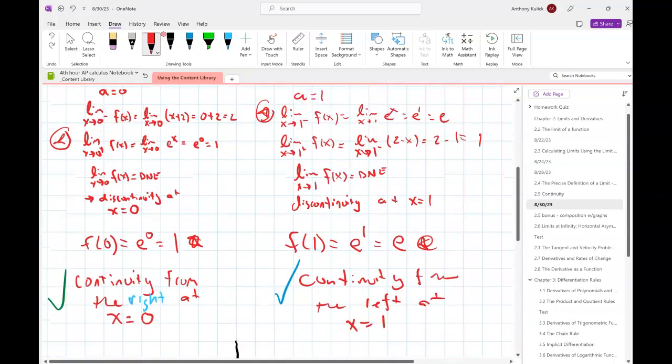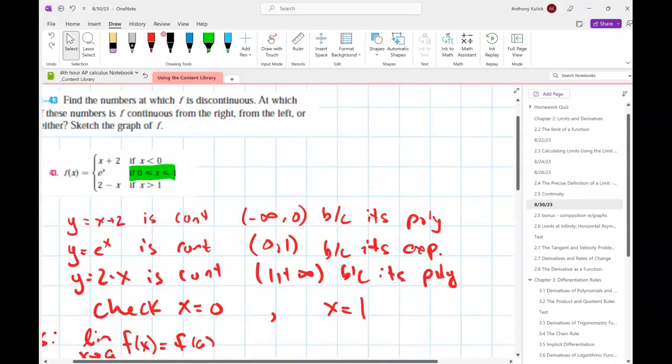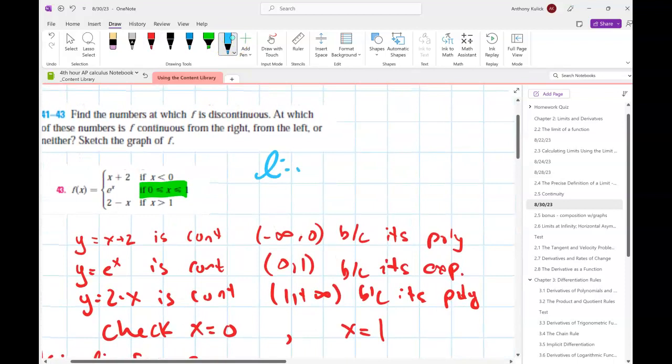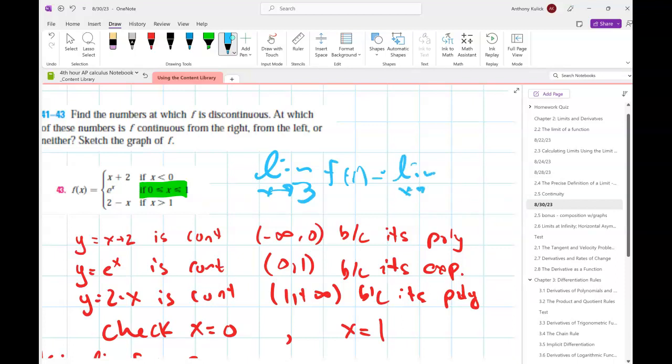If we went back to this previous one and we wanted to just do the limit as x approaches 3, you don't need to, because it would just be the same as the limit as x approaches 3 of the piece 2 minus x. And you don't need to look at the left and the right for that, because 3 just lives in here, so it's always going to act like this. It acts the same way from the left or the right.